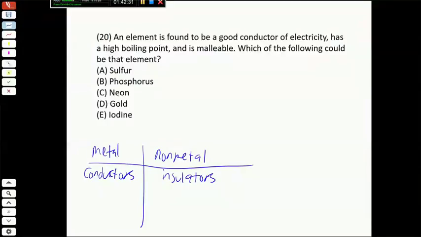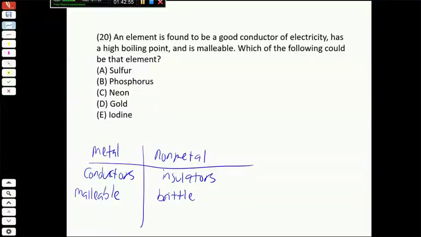In terms of their physical deformation, or their mechanical properties as they're called, metals are malleable, which means that we can bend them and shape them in different ways without them breaking very easily. But most non-metals are brittle, meaning that even if they're a solid, if you try to shape that solid, it's just going to crumble. So that's the difference between them in terms of their mechanical properties.